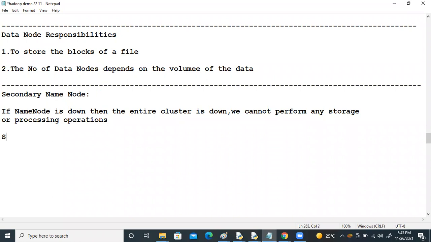So whenever the name node is down, then immediately the secondary name node, SNN, comes into the picture.